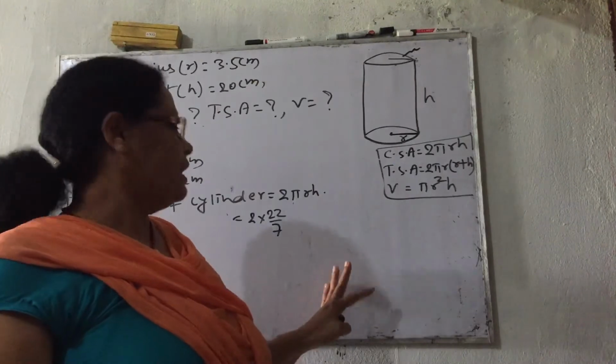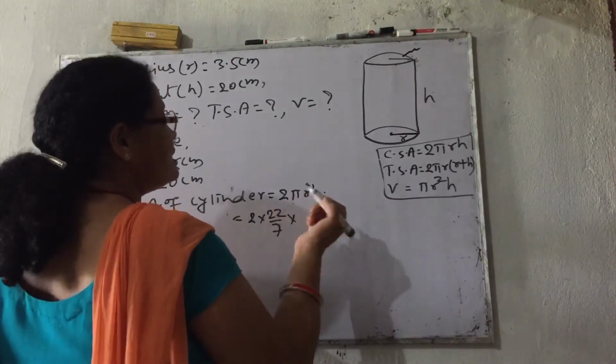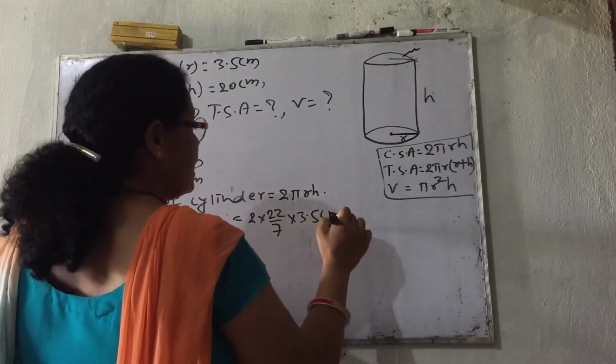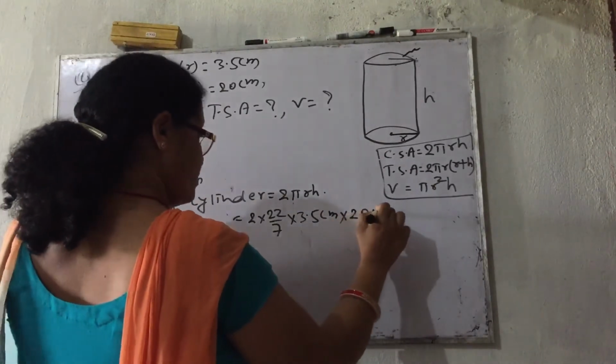If not given, then we can write 22 upon 7 into r, r is given 3.5 cm, and h is given 20 cm.